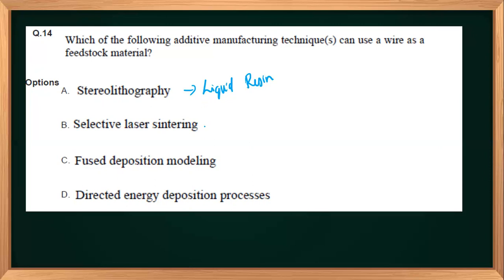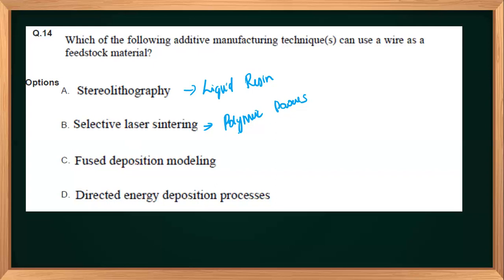Selective laser sintering uses polymeric powders as raw material. So it's a powder-based technology. Here also you will be using a laser head. Wherever the laser points, the polymeric reaction will start, and these polymeric powders bind together to form a solid object.